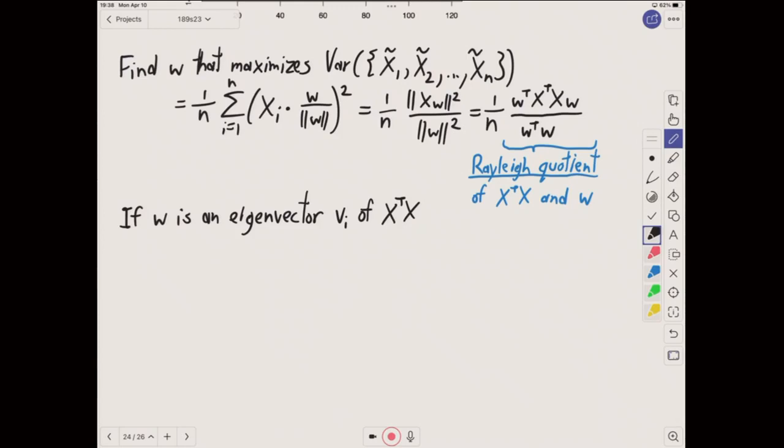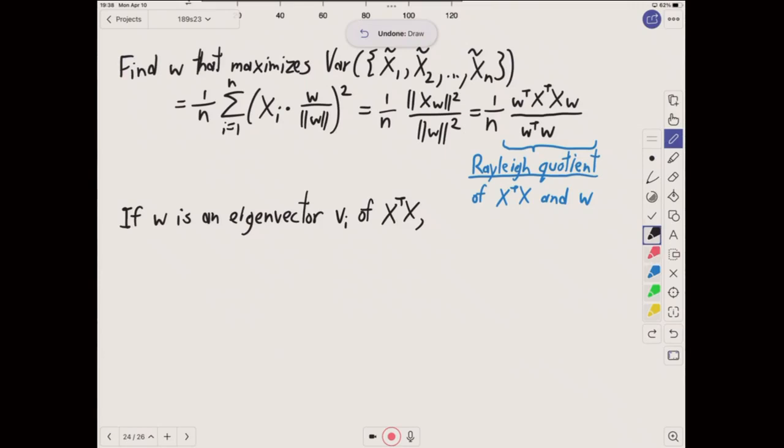Well, when we compute X transpose X times W, where W is equal to v_i, we get lambda_i times v_i.